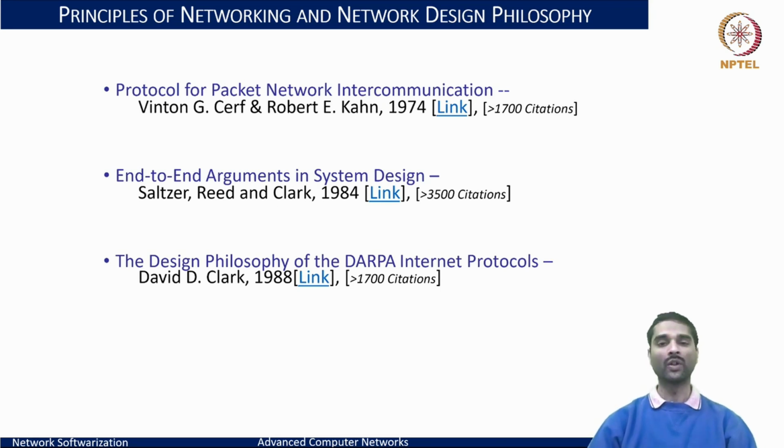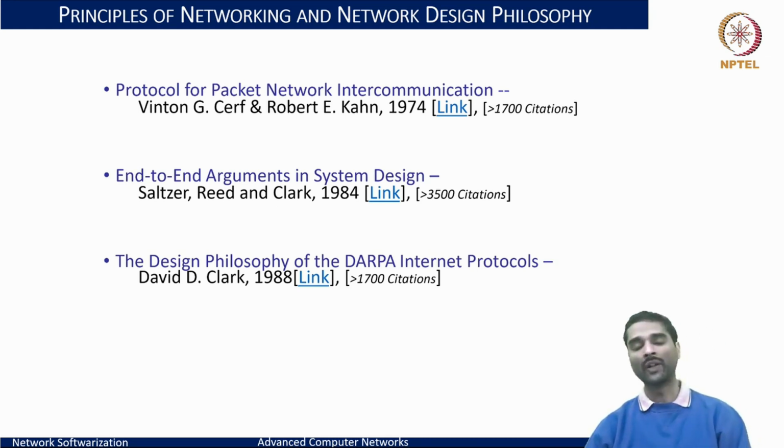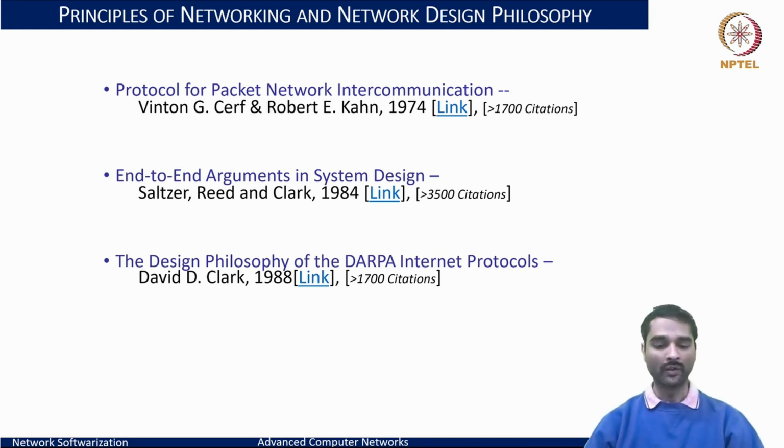And the other core work by David Clark, on the design philosophy of the DARPA Internet protocols, is more a reflection as well as a set of suggestions of how the Internet protocols should be. This work fundamentally put forward a lot of objectives for the Internet protocols, as primary and secondary values, to say what should be the key role of the Internet.